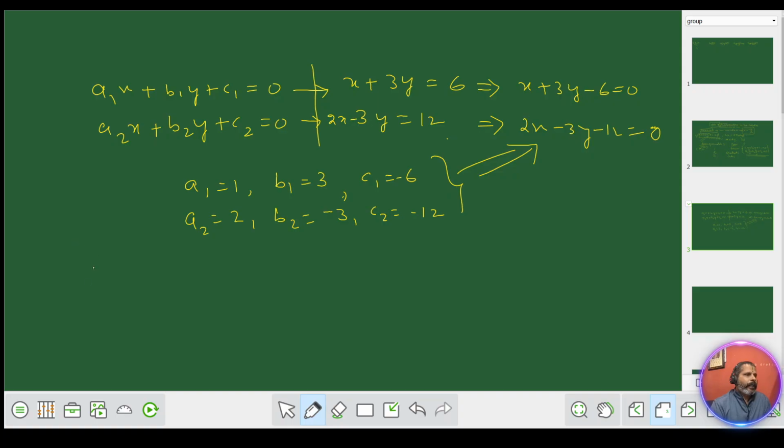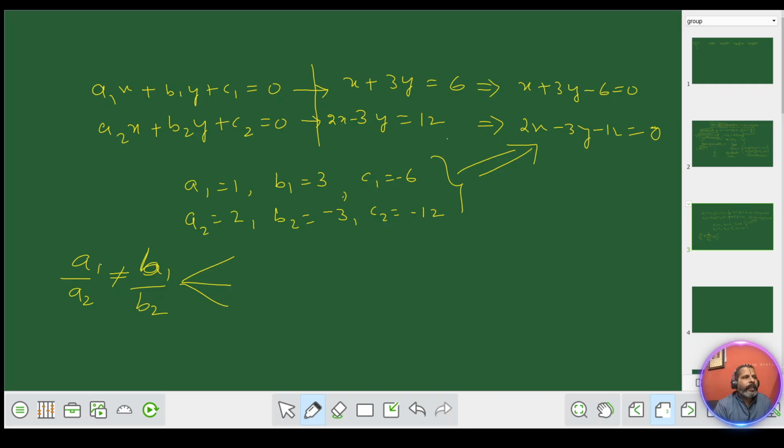Let's see. When a1 by a2 is not equal to b1 by b2, we have three points to remember for each of the ratios. What are the three points?